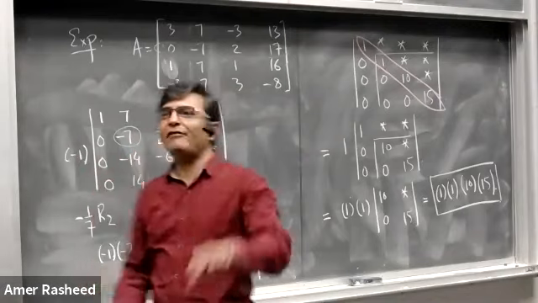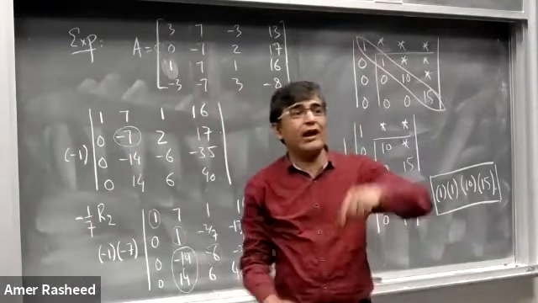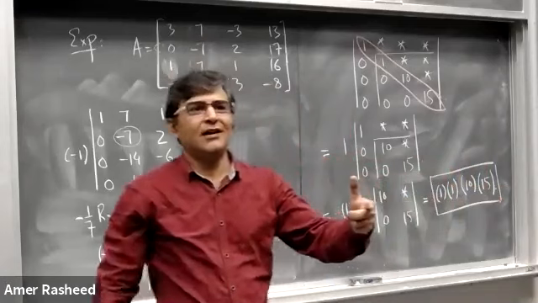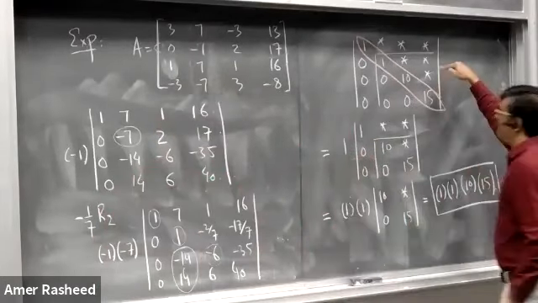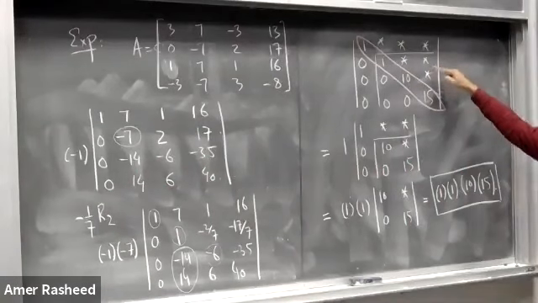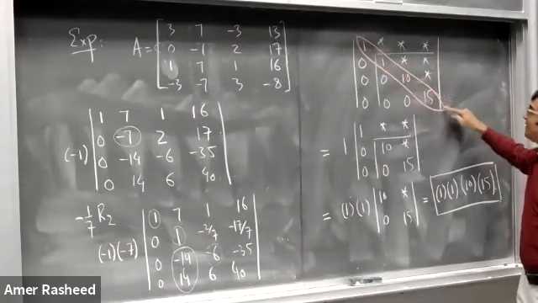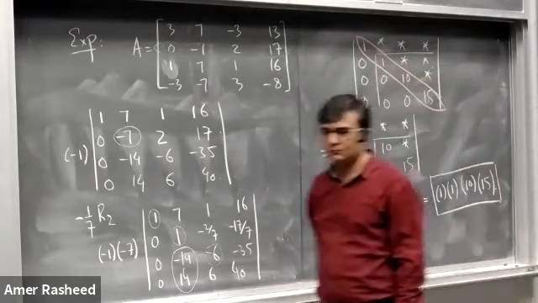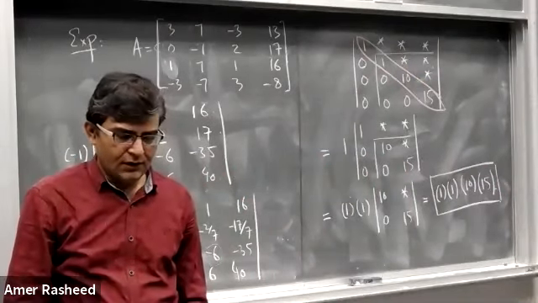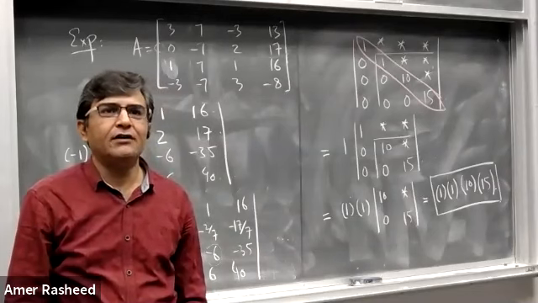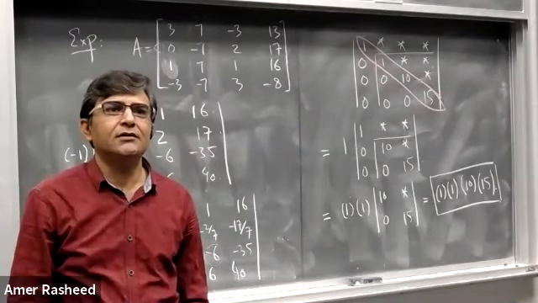So once you have reduced any matrix into echelon form, the determinant of that matrix is nothing but the product of its diagonal entries. I hope you get it. If you have any confusion, you can ask me.